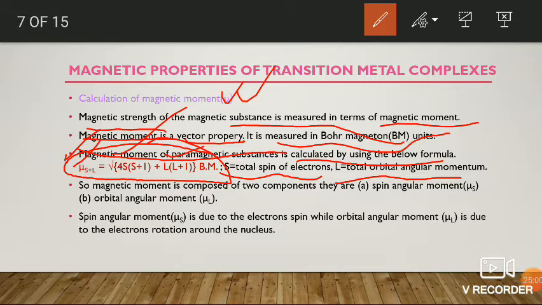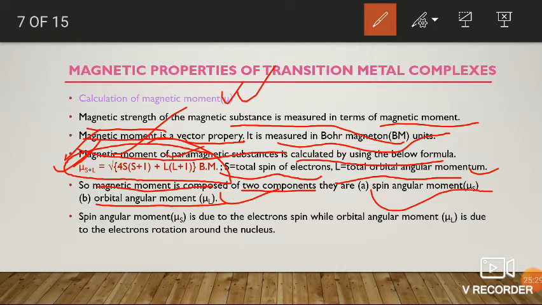According to this mu S plus L equation, the magnetic moment is not a single component. It is composed of two components: one is the spin angular momentum component, mu S, and the second is the orbital angular momentum component, mu L. That is, mu equals mu S plus mu L, which is nothing but mu S plus L. Here, what are mu S and mu L?